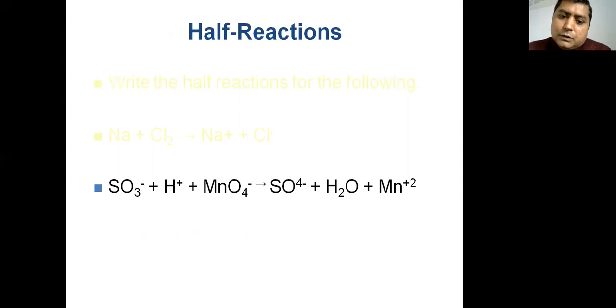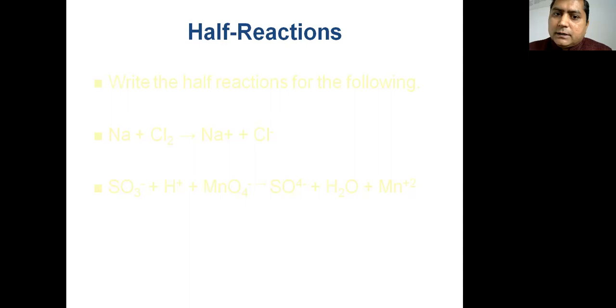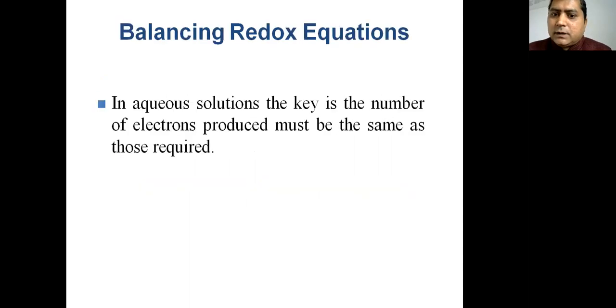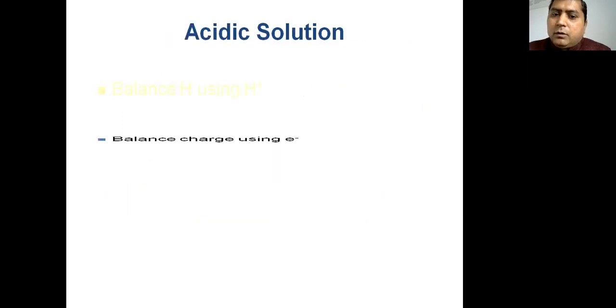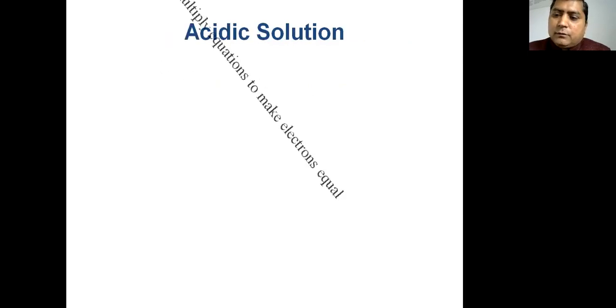Look here: SO3 2 minus and MnO4 minus give SO4 2 minus and Mn+2. MnO4 minus is reduced to Mn+2, and SO3 2 minus is oxidized to SO4 2 minus. We can also balance oxidation reduction reactions, using oxygen for balancing, and the electrons have to be balanced.